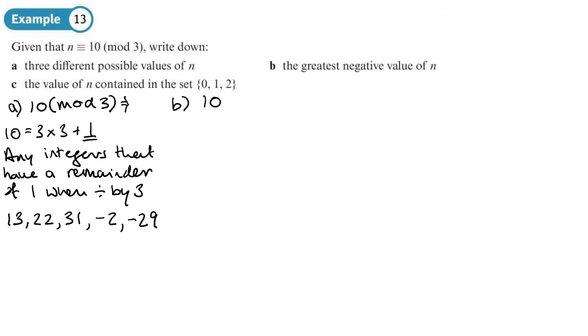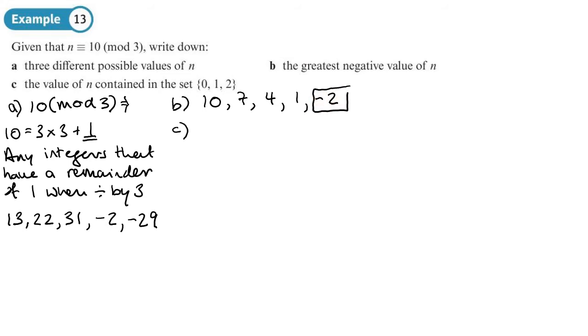So it's 10. I'm just going to go down. 7, 4, 1, negative 2. Okay, so my answer would be negative 2. So all I did was pick a number that I know has that remainder, and I took off the modulus, keep taking off 3's, and that's the greatest negative number that I can get.